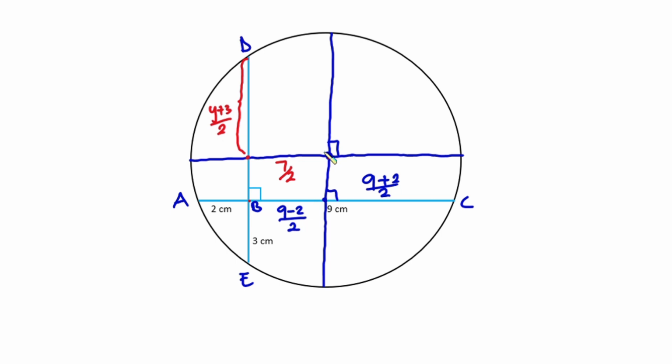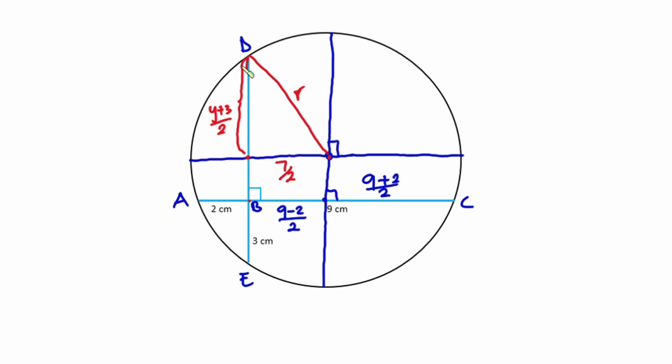So now that we know that this point is the center of the circle, let's draw a radius from the center to point D, and then call this line R, where R is the radius of the circle.